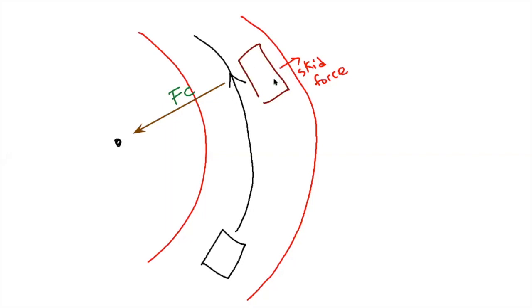Like when people drift, when they want to act cool, and the car skids on the road. That skidding is the skid force. And thanks to this skid force, I gain more friction and thus more centripetal force. But that's not important because we are doing the banked road concept now.